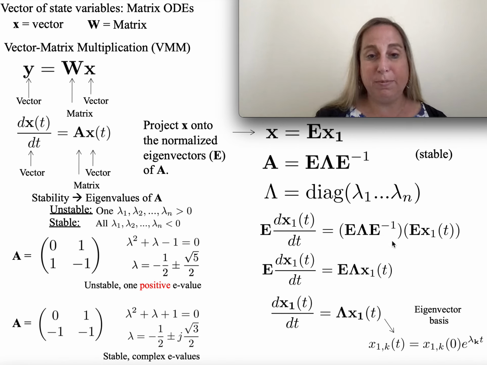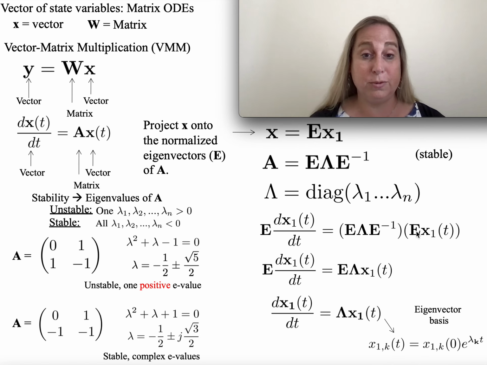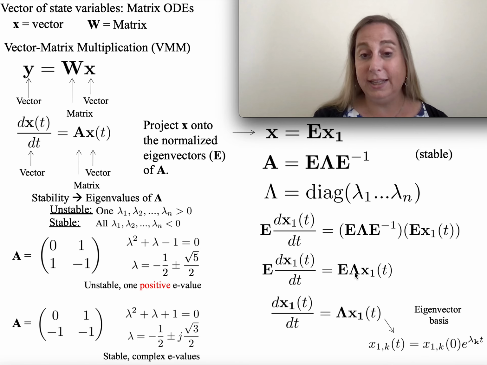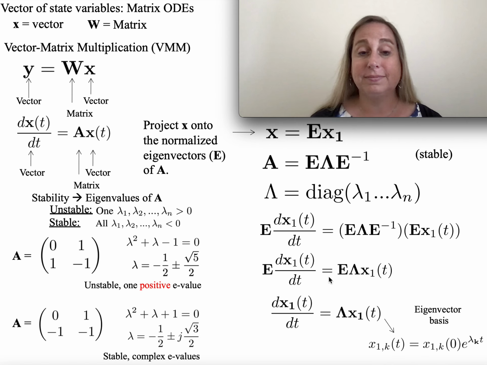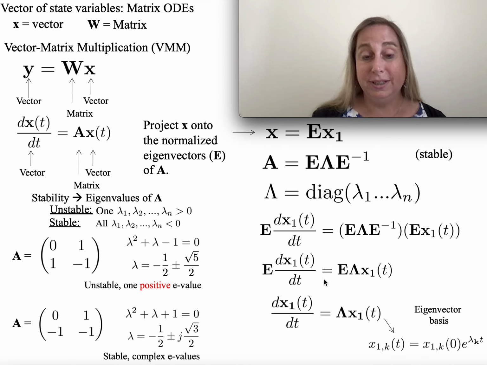A nice thing happens along the way: E inverse times E gives me an identity, so it goes away. I get E lambda x1 of t, and the E shows up over here. By pre-multiplying by the inverse, I can get rid of the E. That now gives me this differential equation.